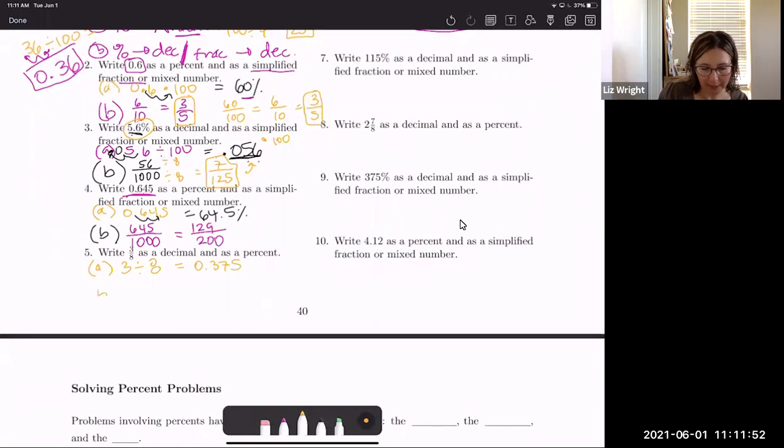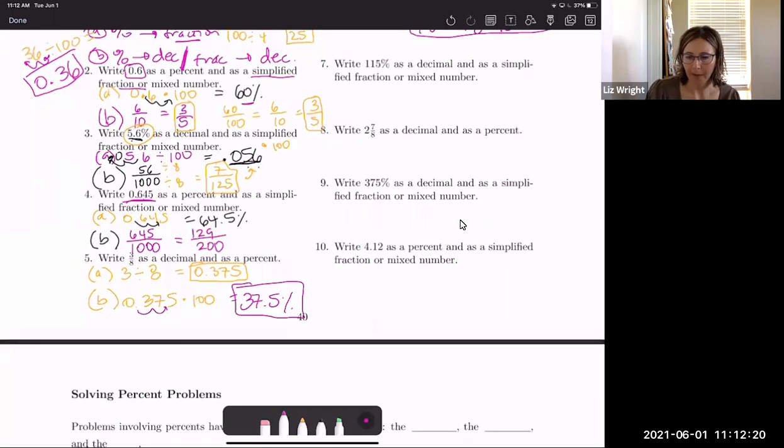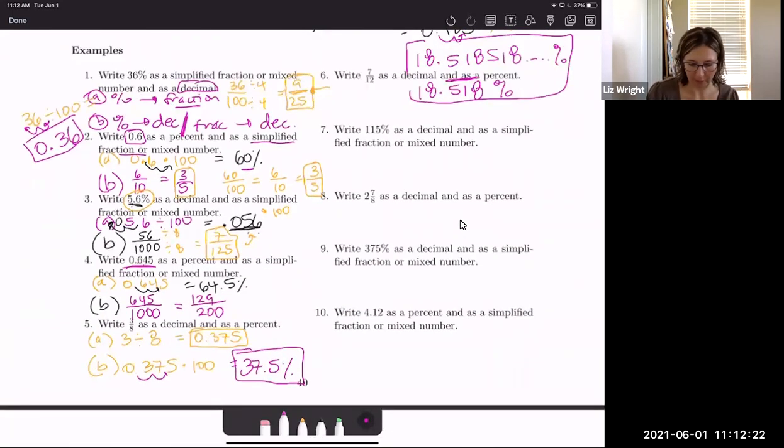And then as a percent, I'm actually going to take what we got here at 0.375. I'm going to multiply it by 100. Again, that's taking a decimal, changing it into percent. Look at your steps up above if you need to. And that's going to move this over 2 places, which is going to give us 37.5% for our answer there.